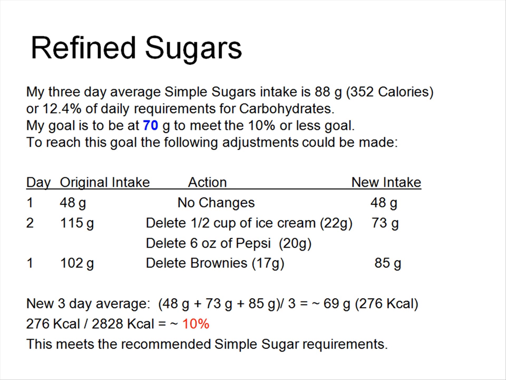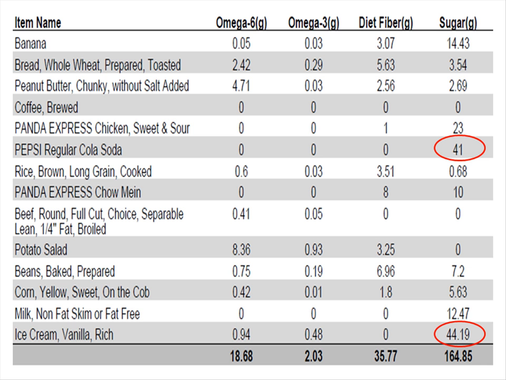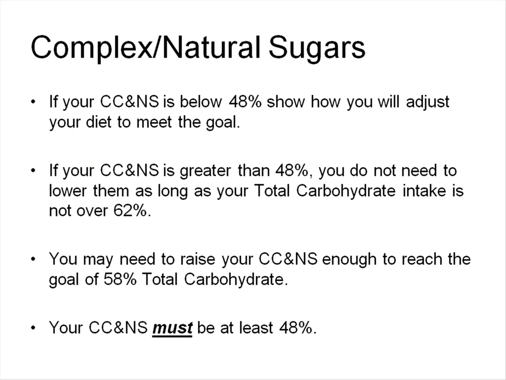Okay, so the next step would be to determine, now that I met my 10%, what would I need to do with my complex carbohydrates and natural sugars to get my total so it reaches 58%? Because if you remember, we were at 47% earlier. So what I need to do then is go in and determine what my complex natural sugars are.